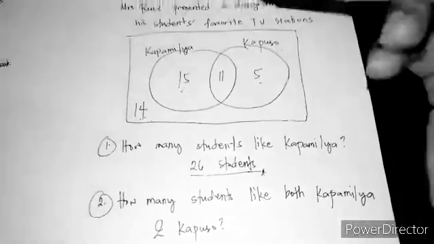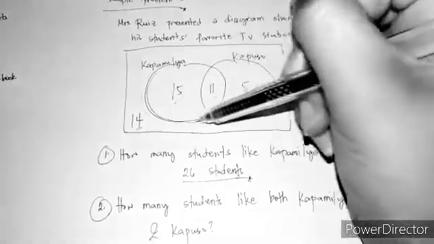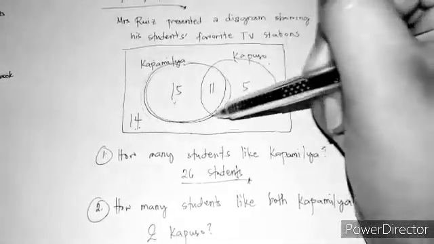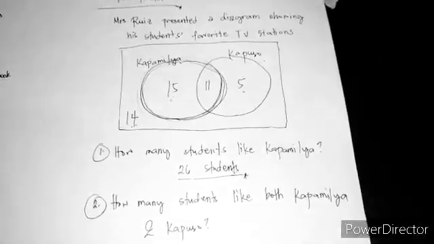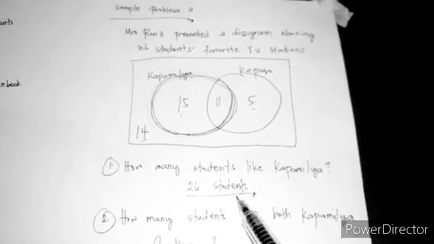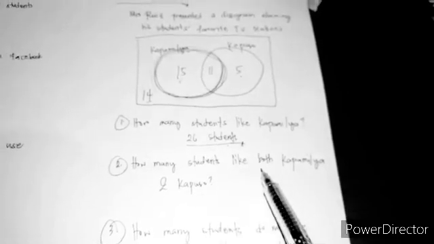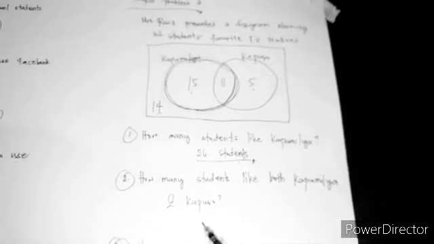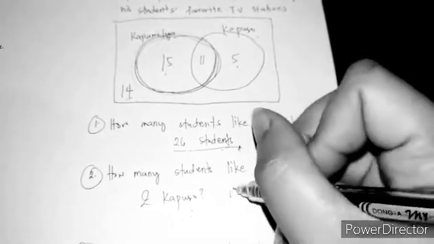Why? Because these are the students who like Kapamilya. So 15 plus 11, we have 26 students. How many students like both Kapamilya and Kapuso? We have 11 students.